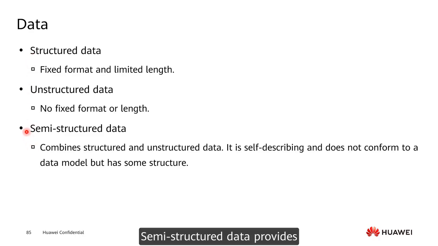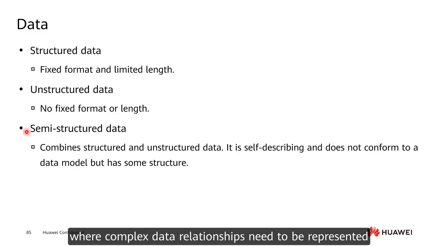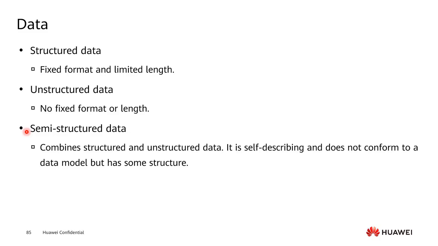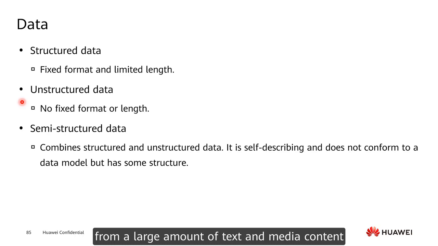Semi-structured data provides flexible data representation methods, which are suitable for situations where complex data relationships need to be represented. Unstructured data contains rich original information, which is suitable for situations where information needs to be extracted from a large amount of text and media content.